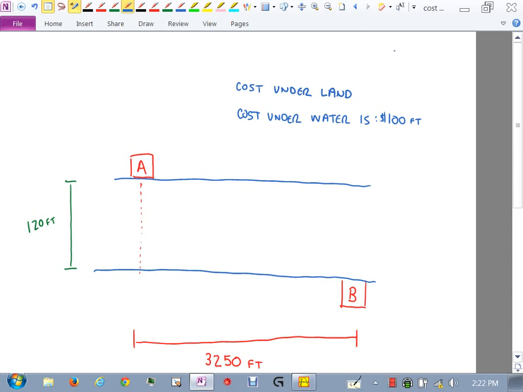It is under the land. We'll make it cheaper, but we won't make it so cheap that it's a no-brainer. If it was like a cent per foot, then it would be pretty obvious that we just need to go straight across the river and get over as fast as we can, right? Shortest distance, and just let the rest be land, right? So let's make it something where it wouldn't be that obvious. How about $65?